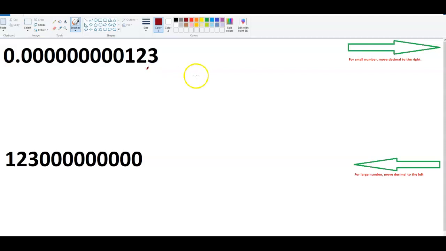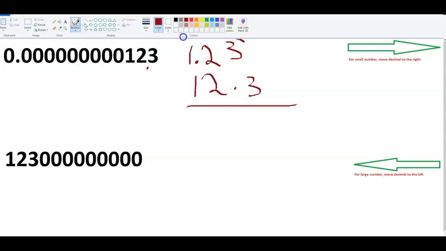I can't have 12.3, because that will violate the rule. The rule is that the coefficient has to be less than 10. So the only way this can be less than 10 is if I move the decimal point to after the 1, before I now have my 2, 3. So this will be my coefficient. The coefficient has to be less than 10 in order to satisfy the rule of scientific notation.